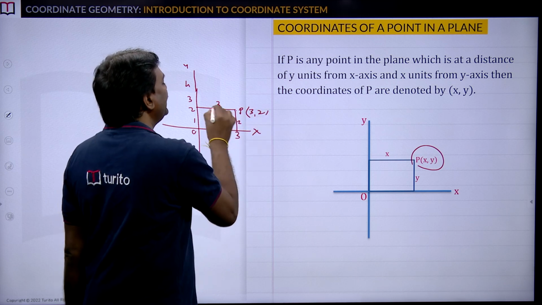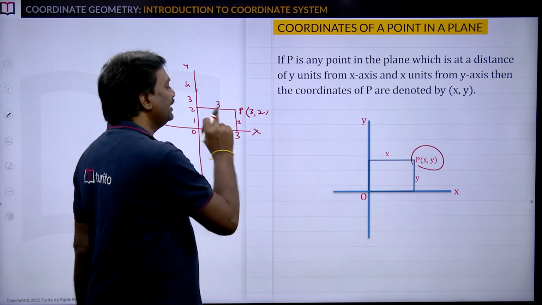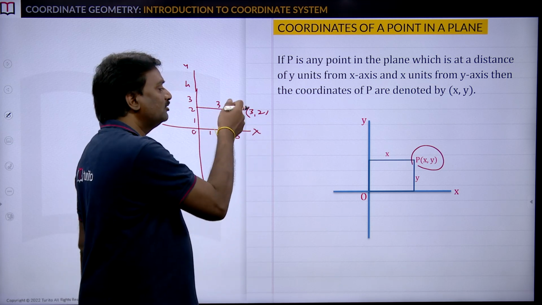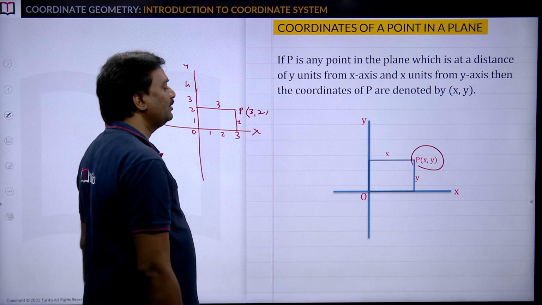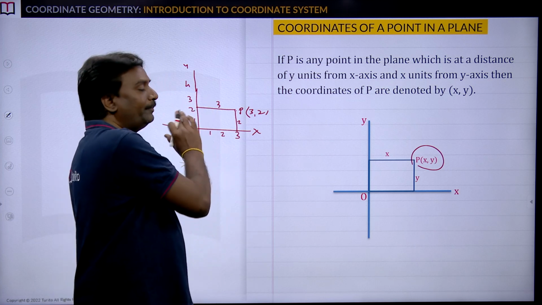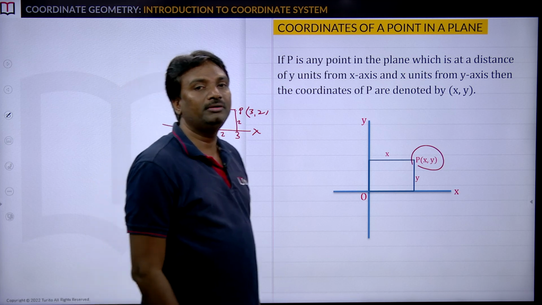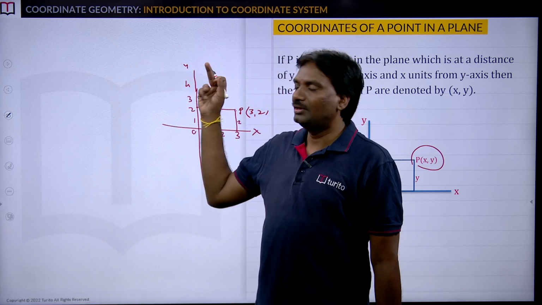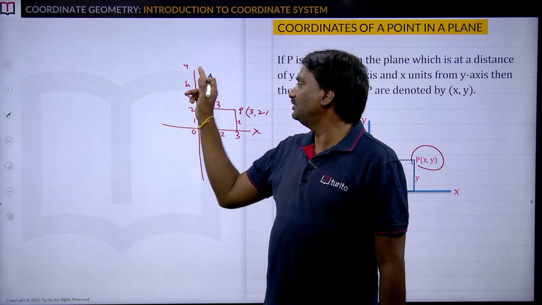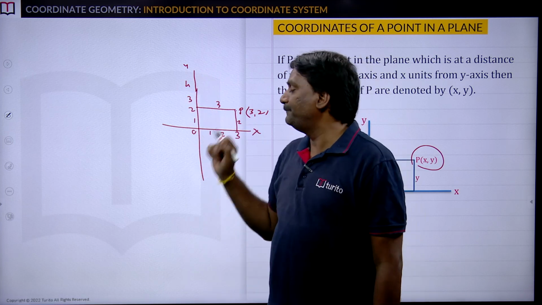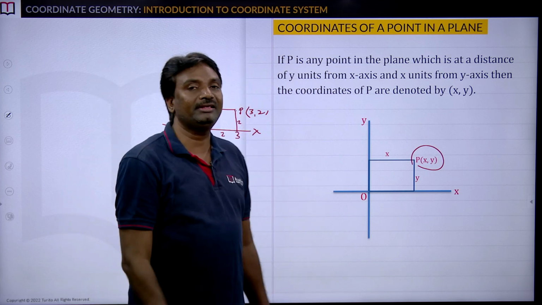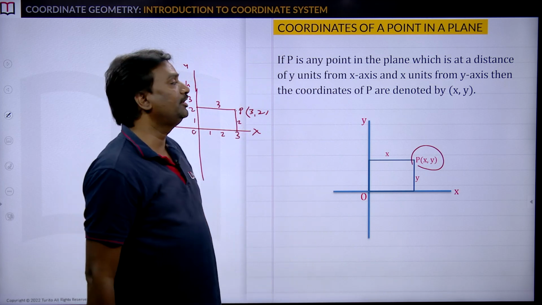First we take the x coordinate, next the y coordinate. You may take this side also, but if you take the left side, you get negative real numbers. Above the origin they are positive real numbers, and below the origin or below 0 they are negative real numbers. Just like this we can take one point on the coordinate plane.